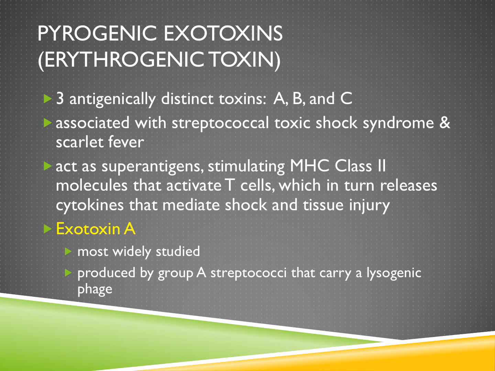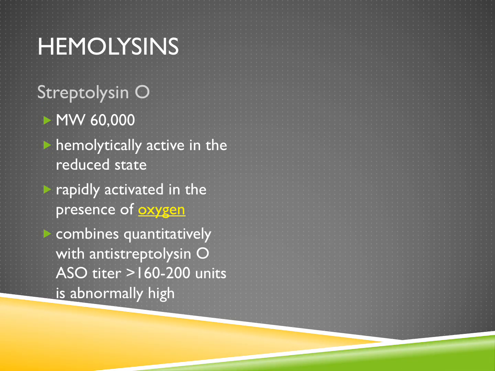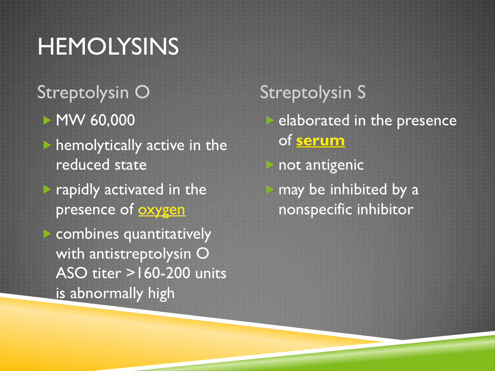We also have the pyrogenic exotoxins or erythrogenic toxins, of which there are three antigenically distinct forms, A, B, and C, of which exotoxin A is the most widely studied. We also have diphosphopyridine nucleotidase, and more importantly, the hemolysins, streptolysin O and streptolysin S.